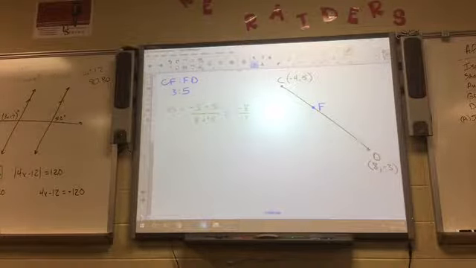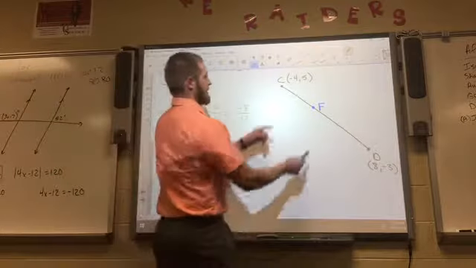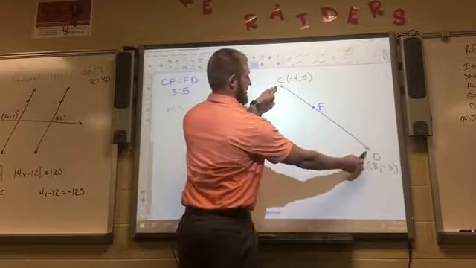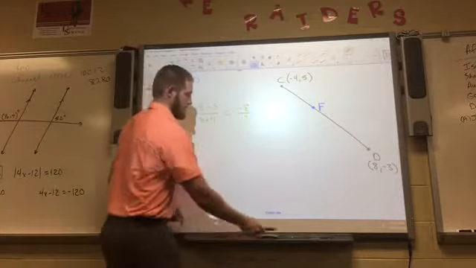What fraction do I need to multiply my rise and run by to get to F? 3 over 8. 3 over 8, because to get to F, I need 3 out of the whole 8, correct? Okay.